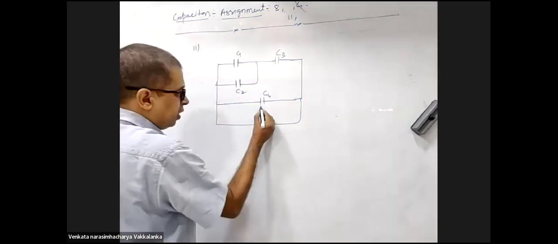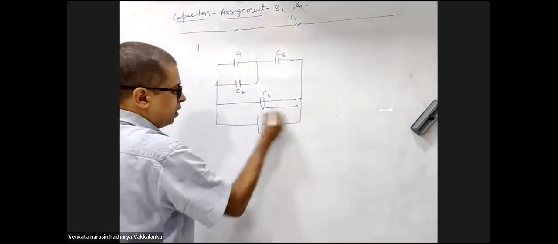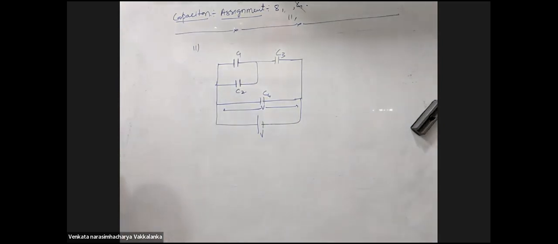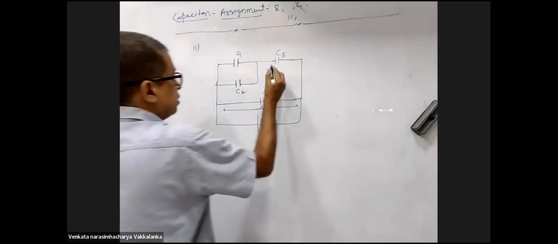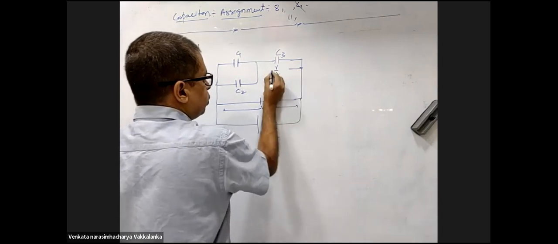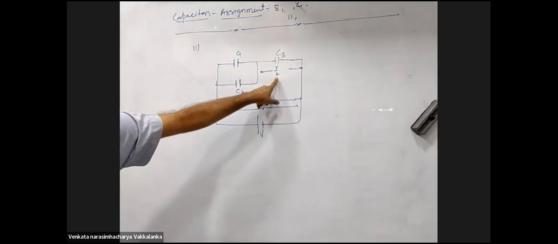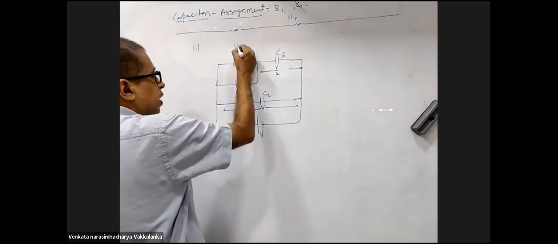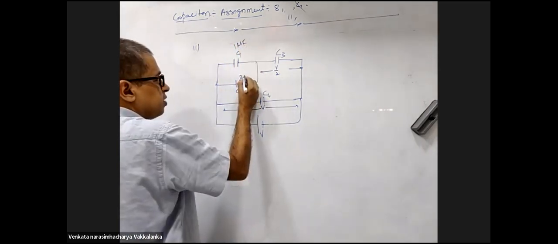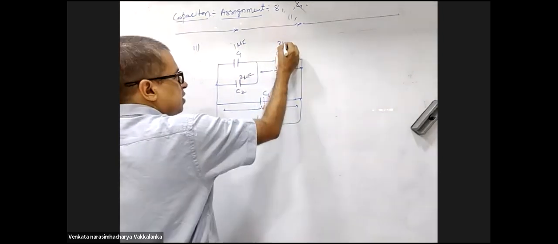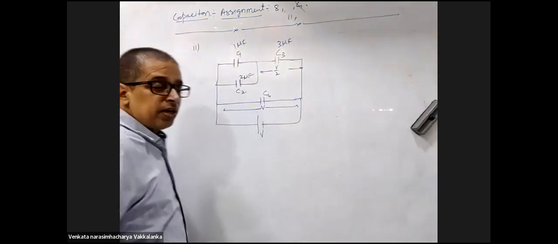Now, if this is V, what will be the potential across this? V. So this will be V by 2. Why will that be V by 2? Because you gave this as 1 microfarad, this as 2 microfarad, this as 3 microfarad. 1 plus 2 is how much? 3.